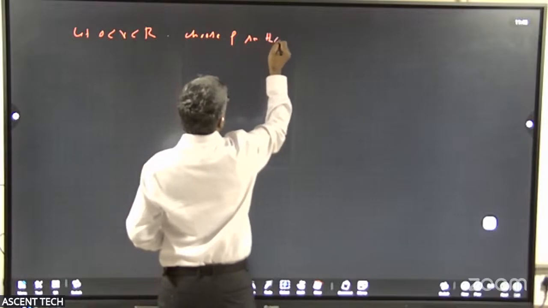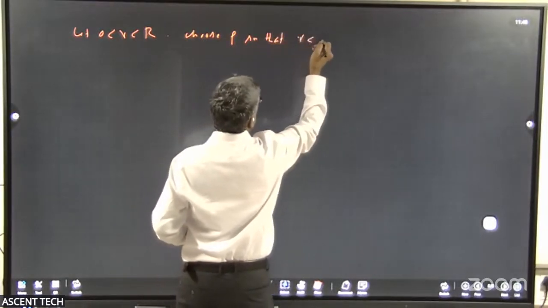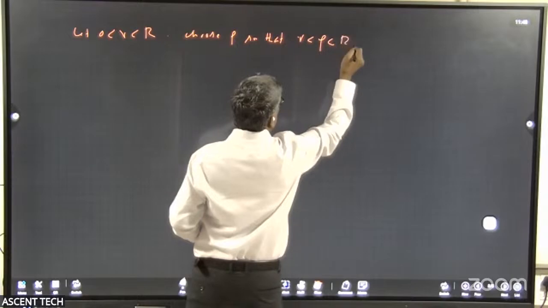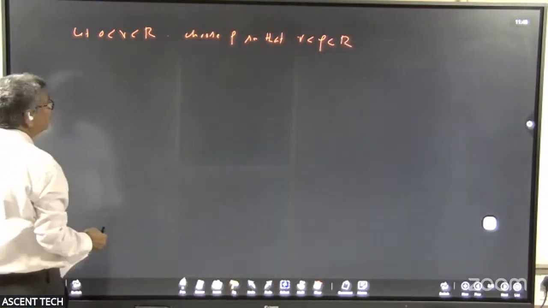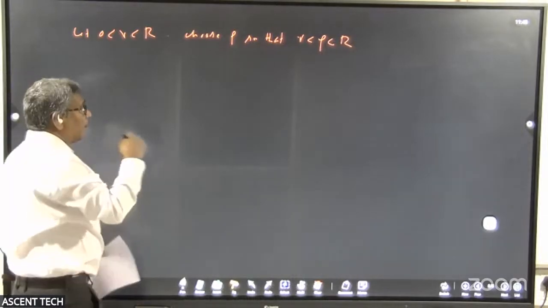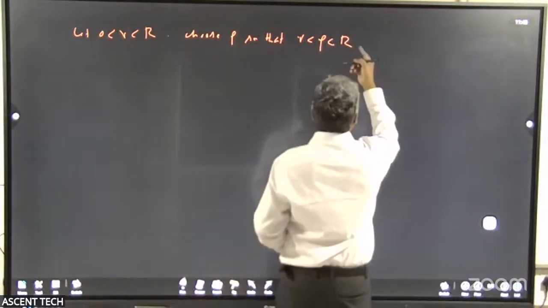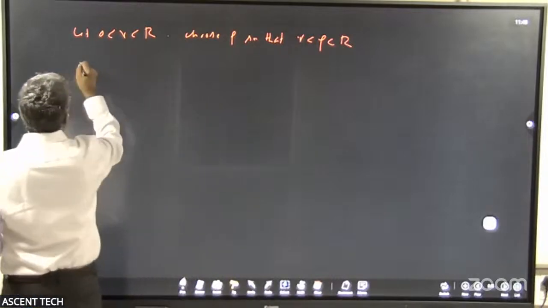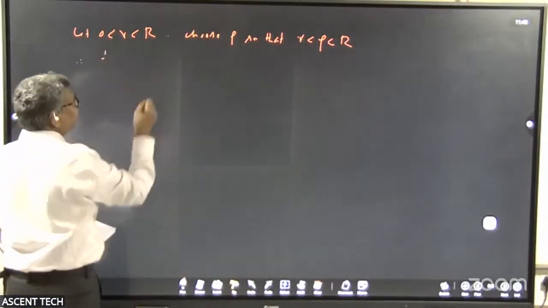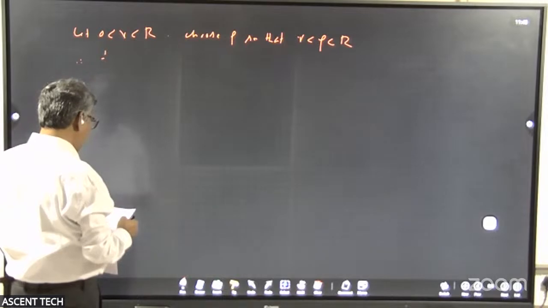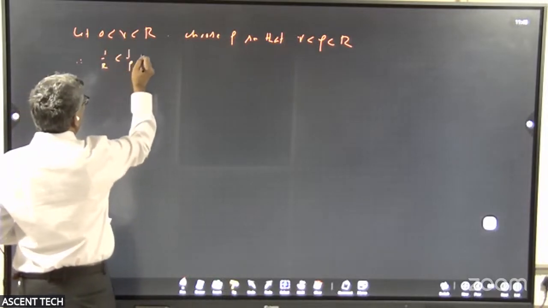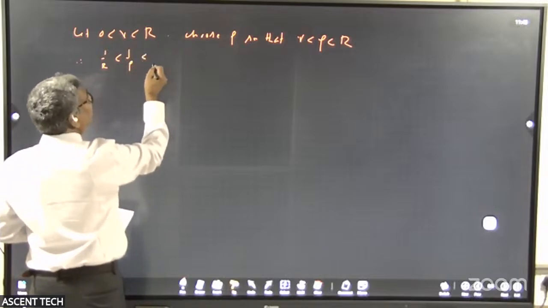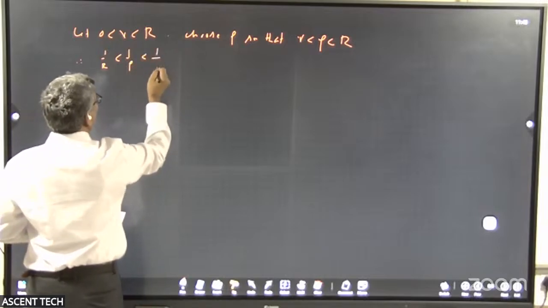So that r is less than rho less than R. Therefore, 1/R is less than 1/rho.